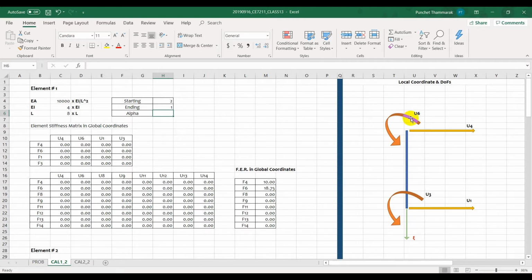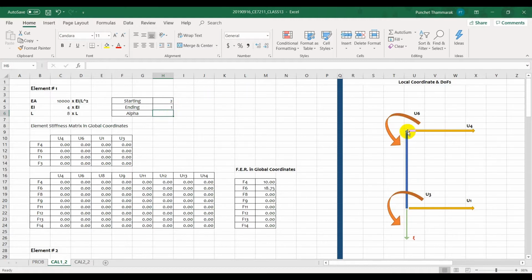In fact, the orientation alpha, referred to the x-axis, is minus 90 degrees. But actually we don't make use of it over here because the transformation of the matrix is mainly carried out by hand.